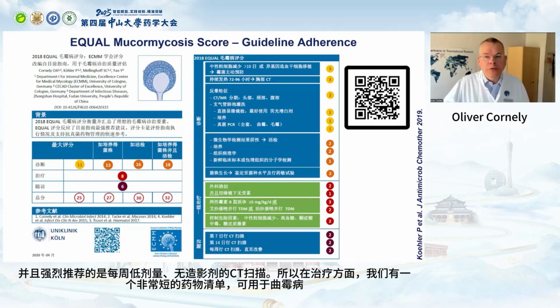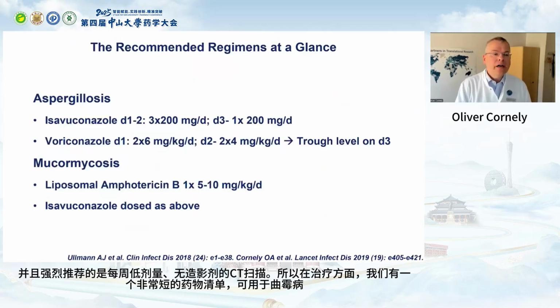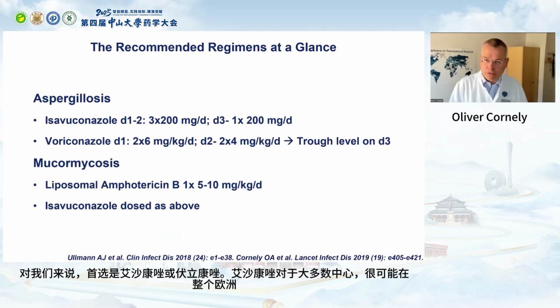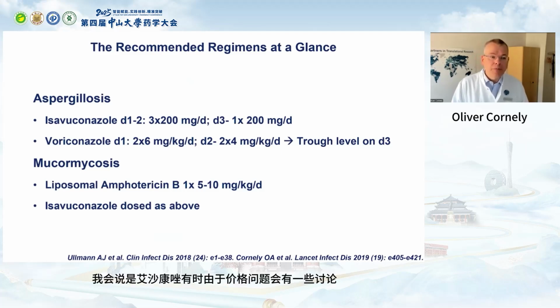So on the treatment side, we have a very short list of drugs that we can use. For aspergillosis, certainly the first choice is either isavuconazole or voriconazole. For us, it's isavuconazole, and for the majority of centers likely throughout Europe, I would say it's ISA. Sometimes because of pricing issues, there is a discussion, but isavuconazole to me simply is the better drug.